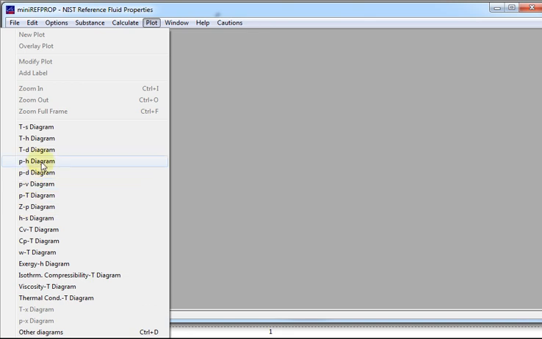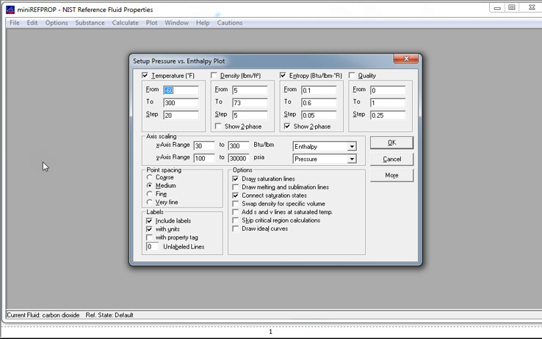How about a pH diagram? Pressure enthalpy is very common. Why? Because we have a high pressure side and a low pressure side. Now, we can range the temperature from maybe negative 60 degrees F, which seems a little excessive, up to 300. So maybe just negative 40, up to 300 degrees F in 20 degree increments.